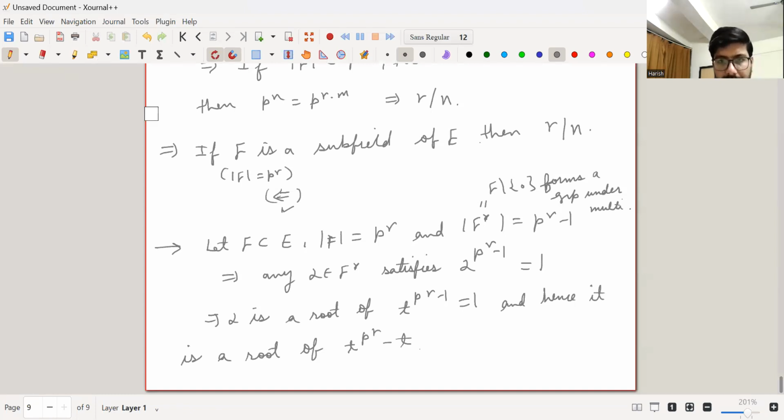So it's a polynomial, so we should write it as a polynomial. It is t raised to p^r minus 1 minus 1, and you are just multiplying by t on both sides, right? If you take t common, then it's just t times (t raised to p^r minus 1 minus 1). So it satisfies a polynomial which contains this factor, right? So it satisfies this also.